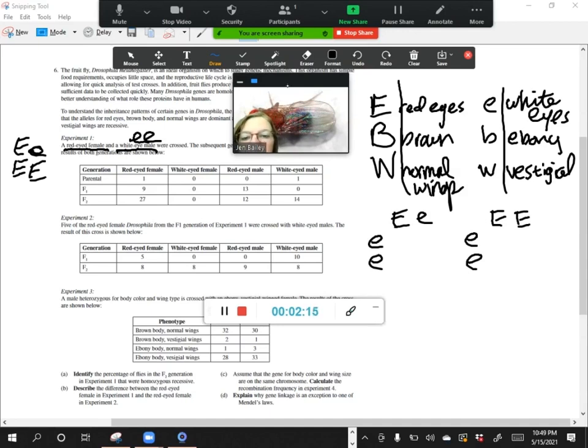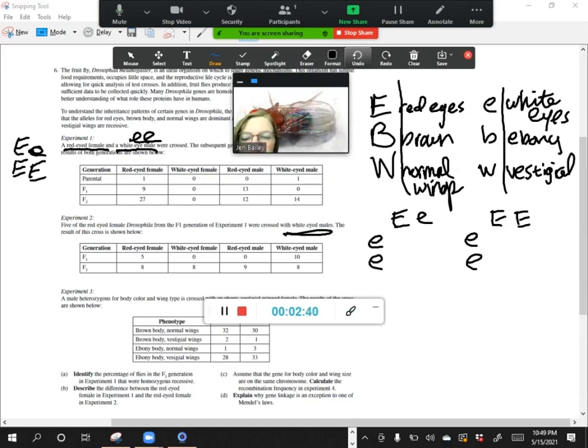Okay, so experiment 2, 5 of the red-eyed females from the F1 generation up here were brought down right here. So there's the 5. Okay, when I first read that, I didn't understand that these were the same, but I did the math and it works out, yeah. So that's the F1 generation. So 5 of these guys were brought down and mated with white-eye males.